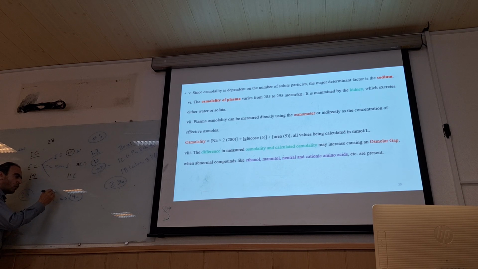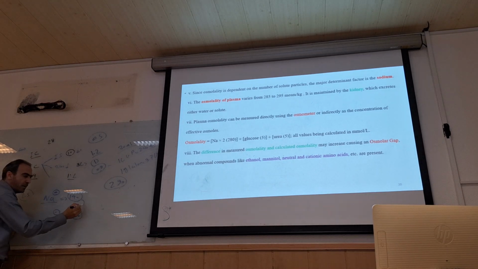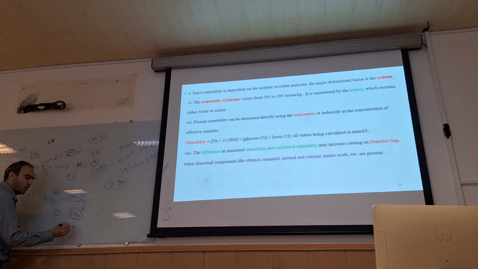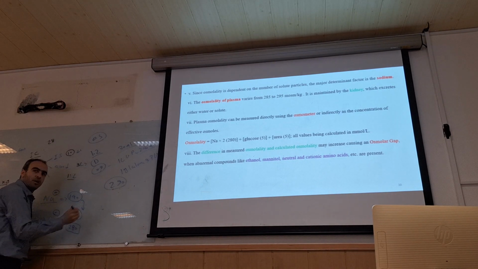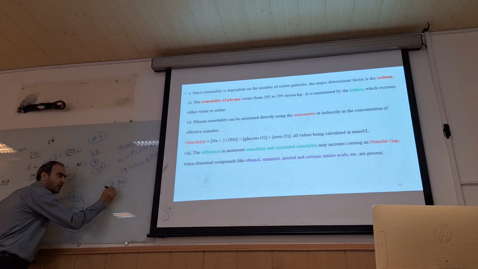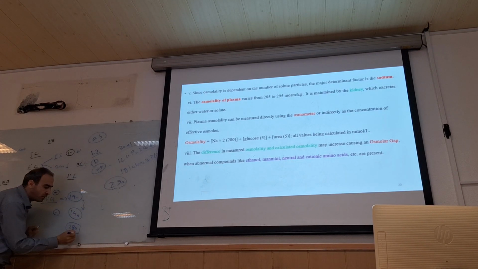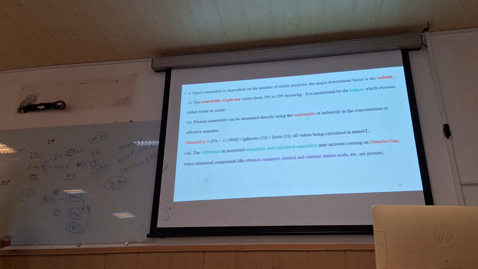Because for each cation in our blood we also have an anion, so we have this much anion also. Sodium and its anion together equal 280. So in the plasma, from 290, 280 is provided just by sodium and its anion.